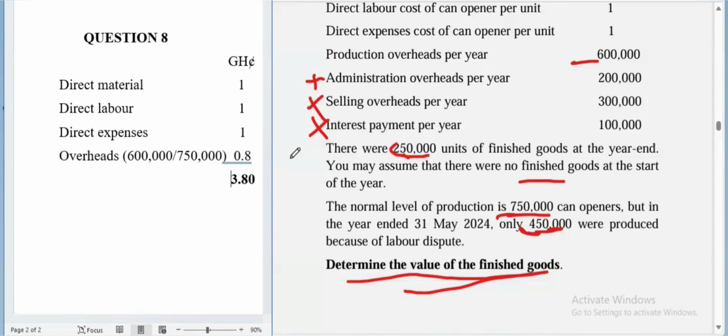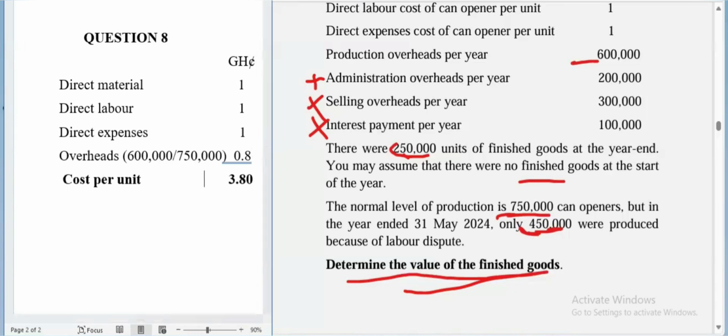Because this is a cost per unit, let me name it here. This is the cost per unit.